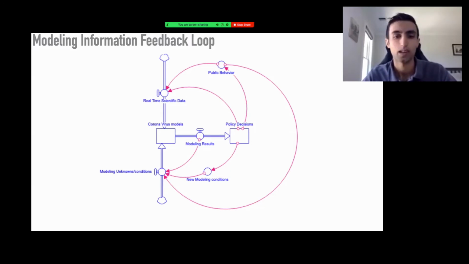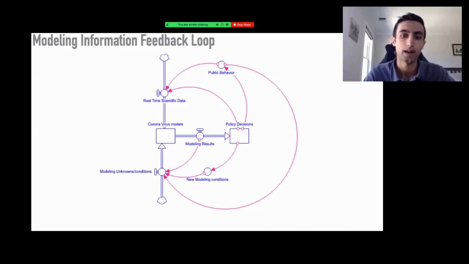That number was just taken and people ran with it as a story. As you can see in the middle of the picture, modeling results directly affect policy decisions, because after that number, the countries were shut down, people got really scared, and we basically got quarantines and travel bans.